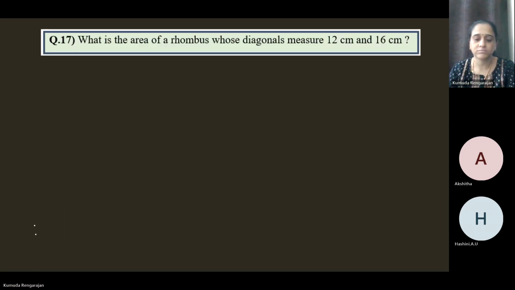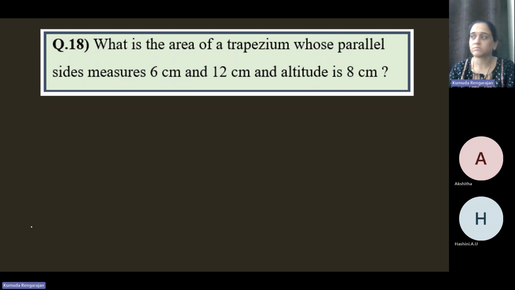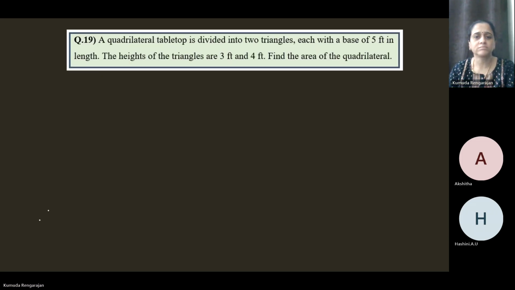Okay. Continue. Yeah, do this. I want the diagram for this.